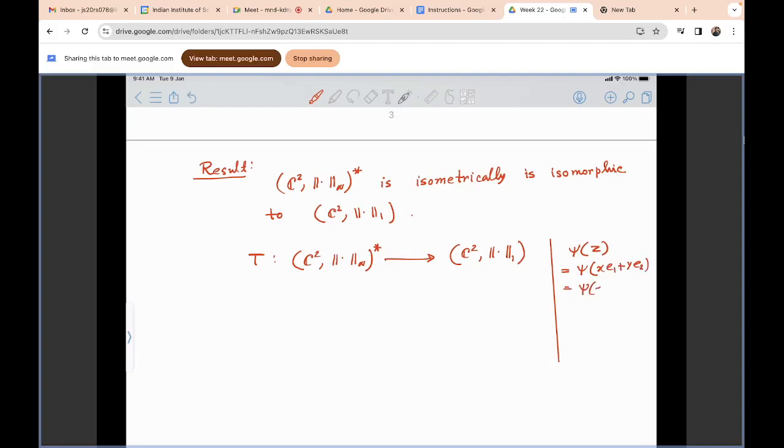So psi of z is psi of u1 times x plus psi of e2 times y. So this you can think of as a two-vector, psi of u1 comma psi of e2. So this map you can define, T psi to be this, psi of e1, psi of e2.